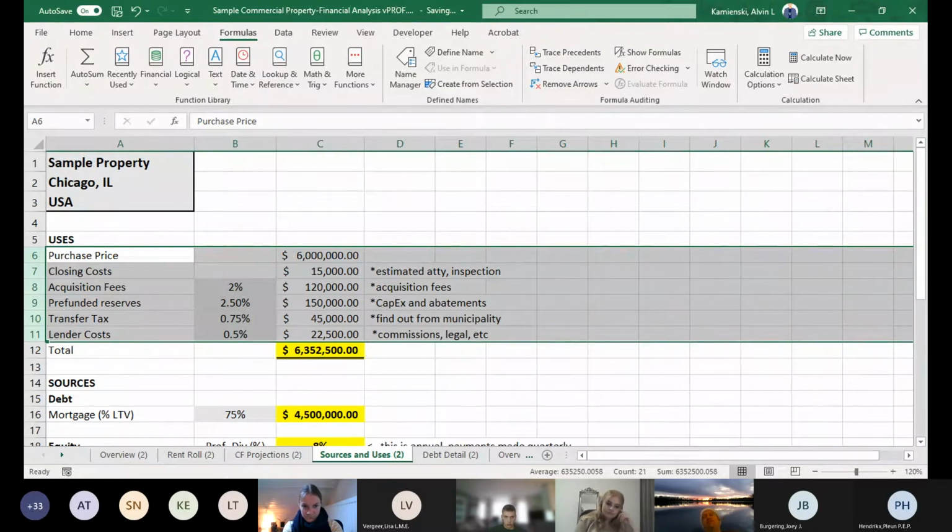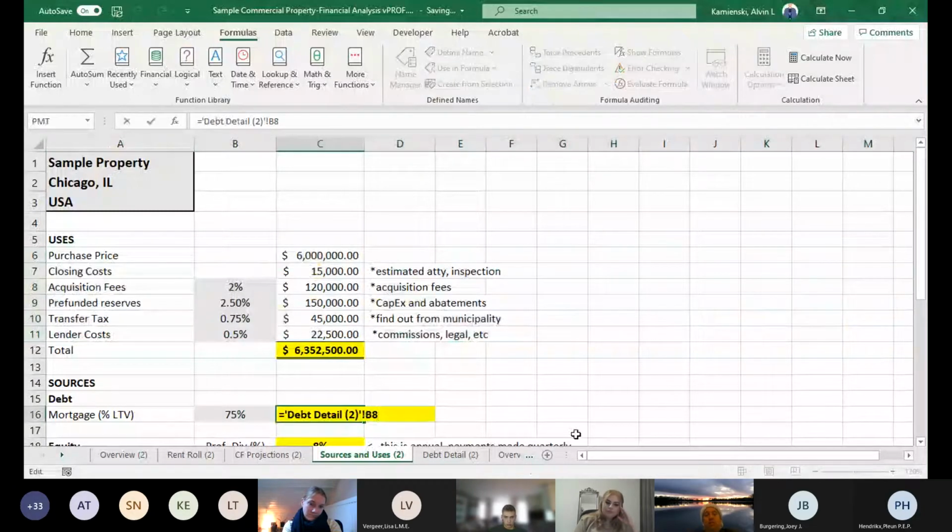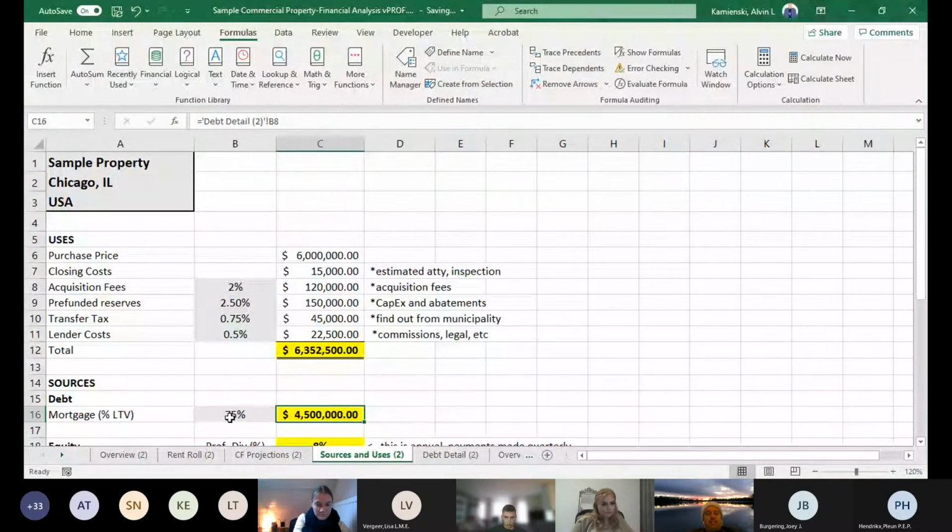Costs like we have to pay the lender for doing their loan processing. But the lender is going to tell us, we're only going to give you $4.5 million because they are going to base what they give us as a percentage of the purchase price.